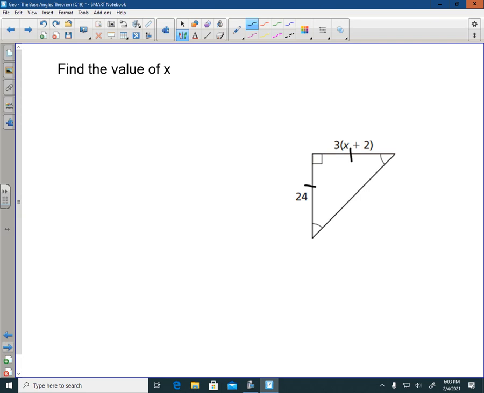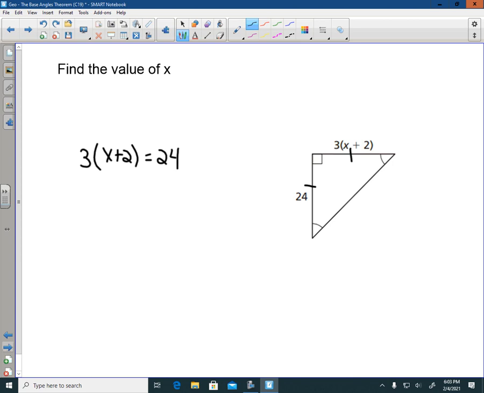So if that's true, and we want to find the value of x, we're going to need an equation. But isn't 3 times x plus 2 equal to 24? That's what those markings mean.